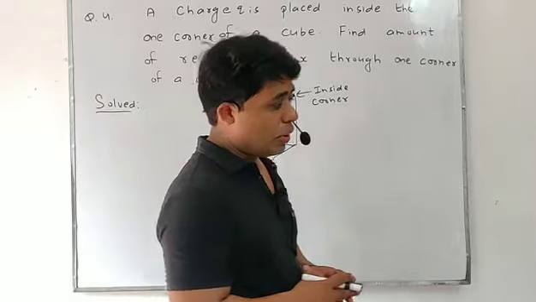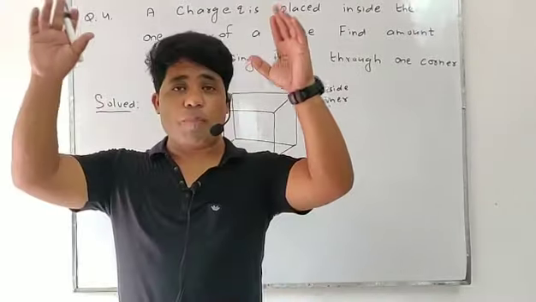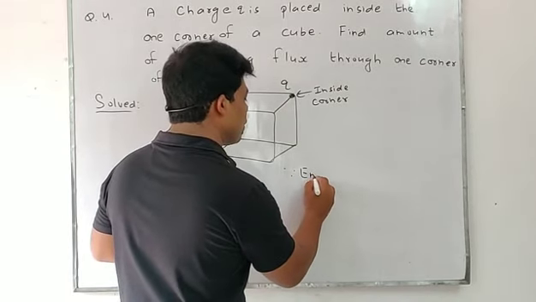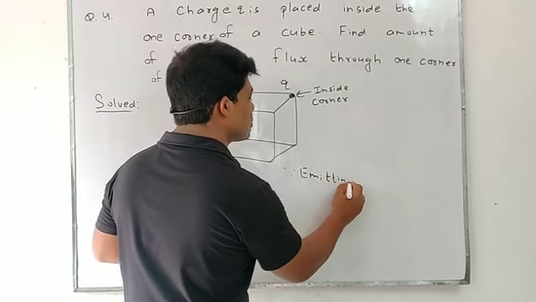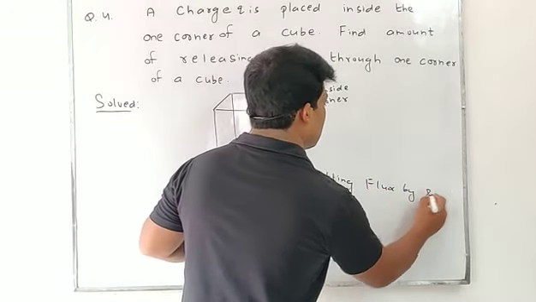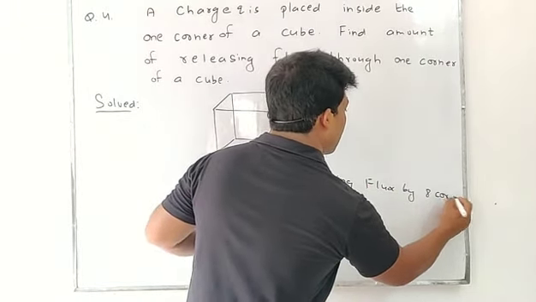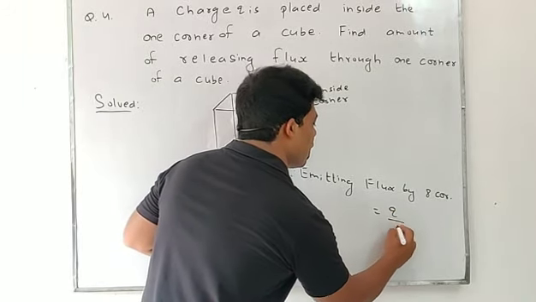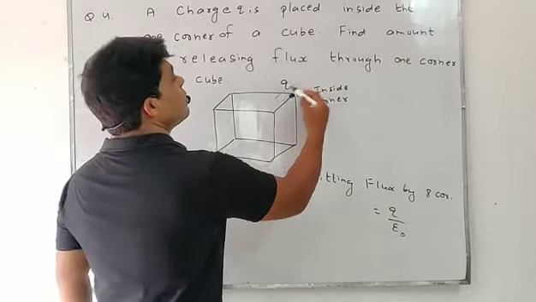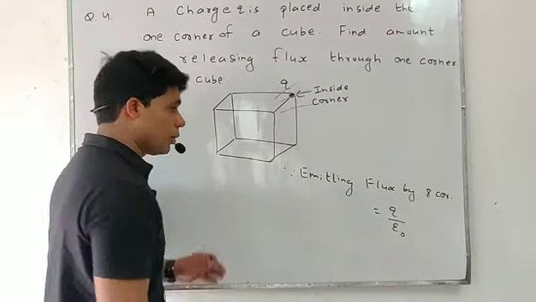We know very well a cube has 8 corners, 4 upwards and 4 downwards. So we can write emitting, or releasing, flux by 8 corners is Q by epsilon naught. I applied Gauss theorem, but we have to find releasing flux only by one corner.